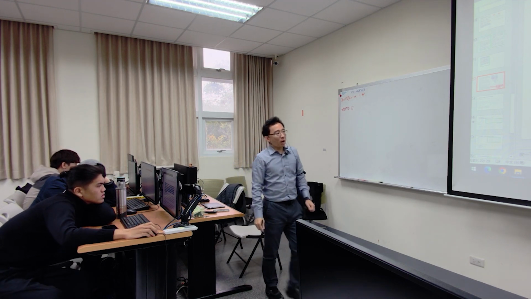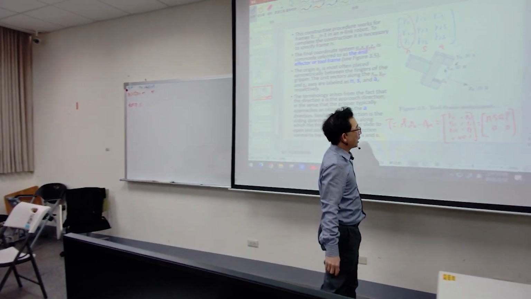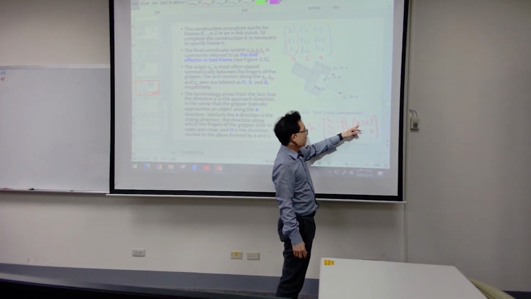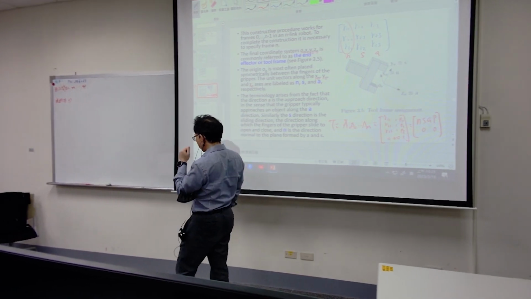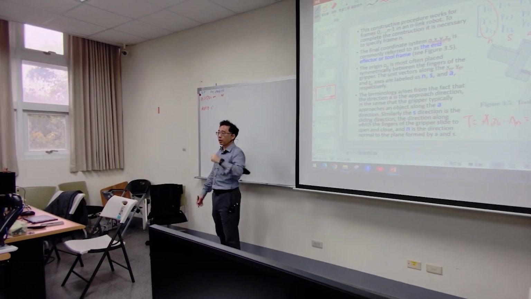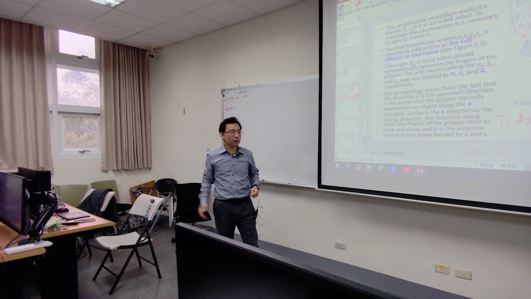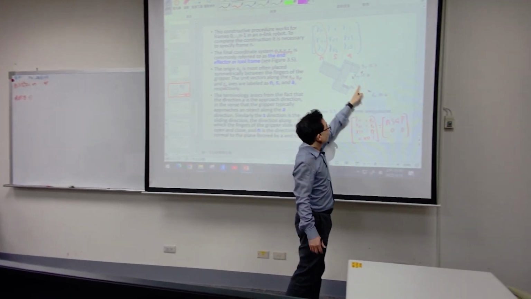If you understand what I'm trying to express, then you will be fine, okay? So we have the vectors N, S, A, and P. This is the final result we obtained from the computation through all the joints. Then you obtain the final orientation for the end-effector.